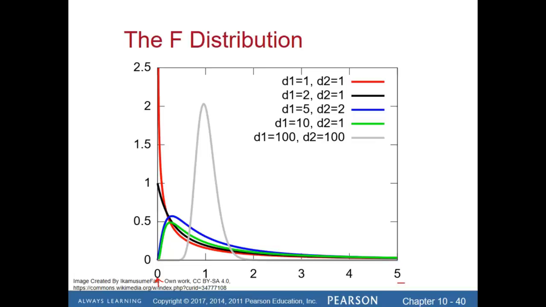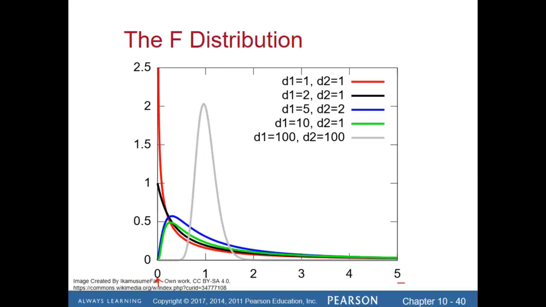And this one actually is relatively symmetric. There is still some skew to it, and so you would have to get even larger degrees of freedom to move closer to a symmetric distribution. But in general, we're going to be working with things probably closer to these blue and green lines for our particular F distributions than these very large samples.